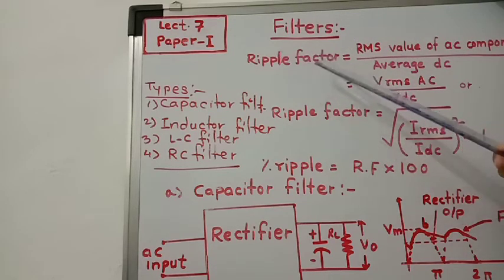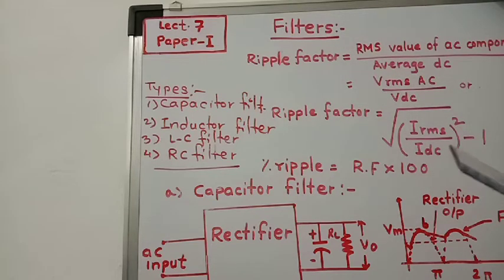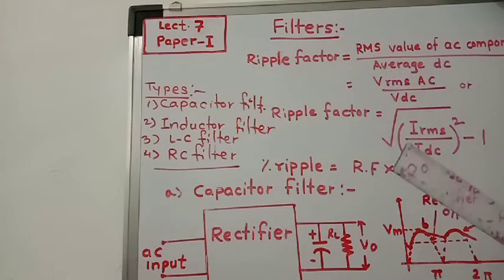This ripple factor is equal to the RMS value of the AC component divided by the DC component or average DC, that is V RMS AC divided by VDC. Also, the ripple factor is given by the equation root of (IRMS divided by IDC) squared minus 1. So this is about ripple factor.